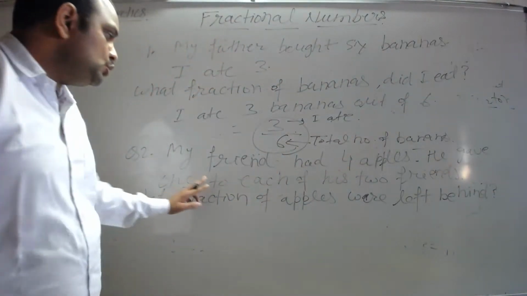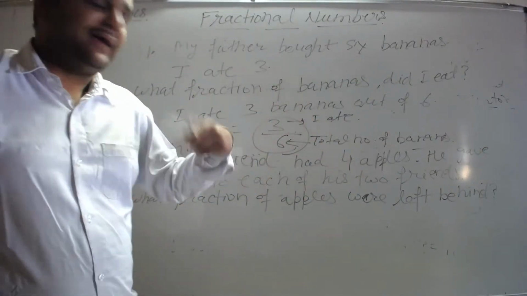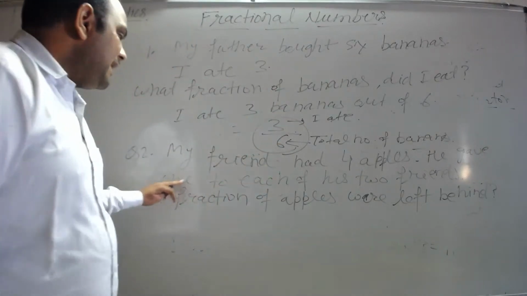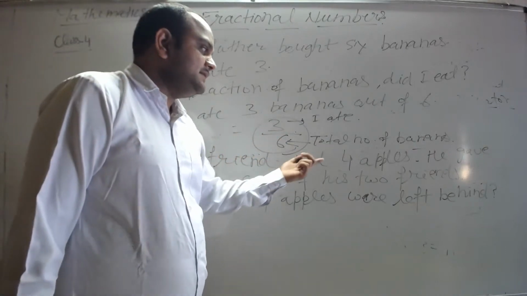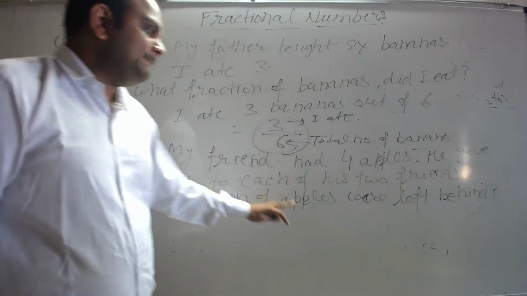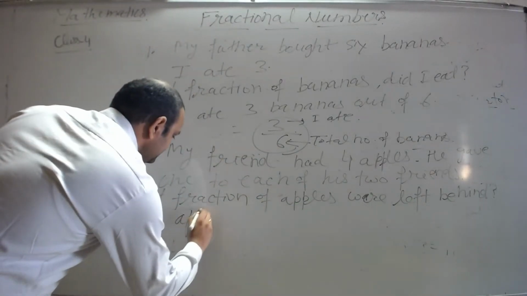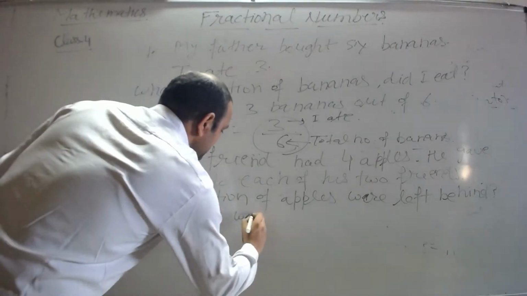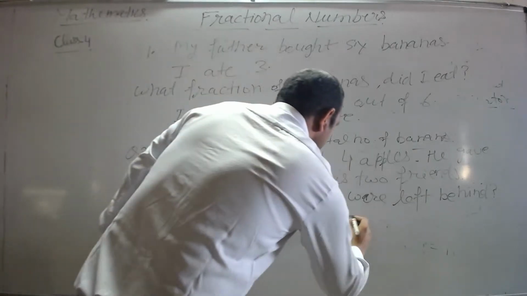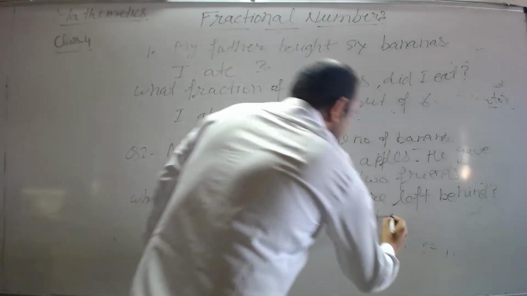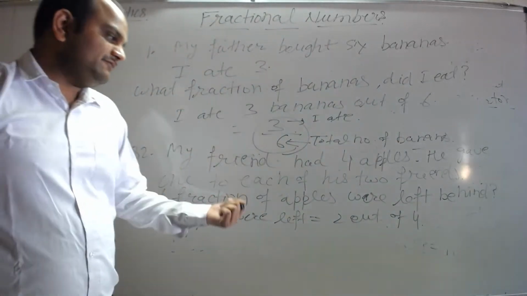My friend had 4 apples. He gave one to each of his friends. What does it mean? He gave 2 apples to his friends. So what fraction of apples were left? 2 out of 4, because he gave 2 to his friends.